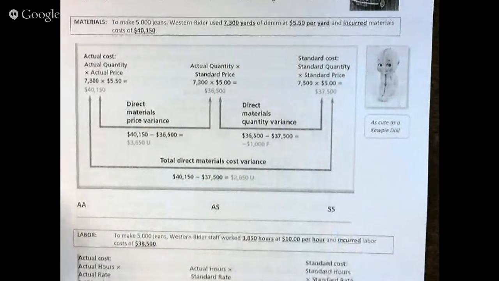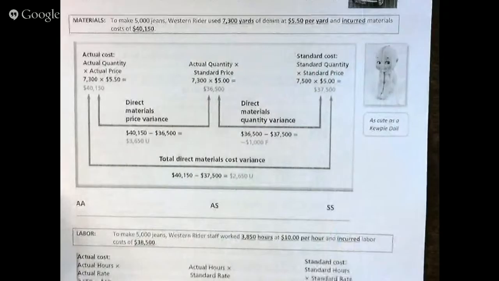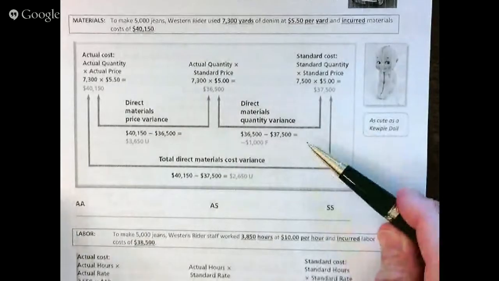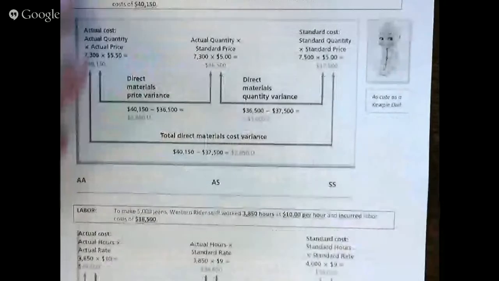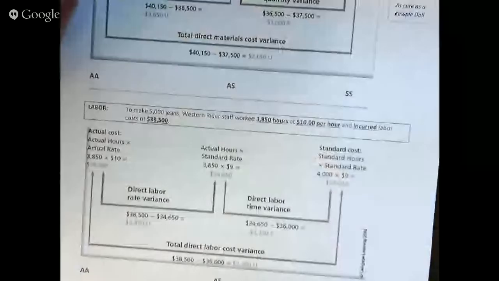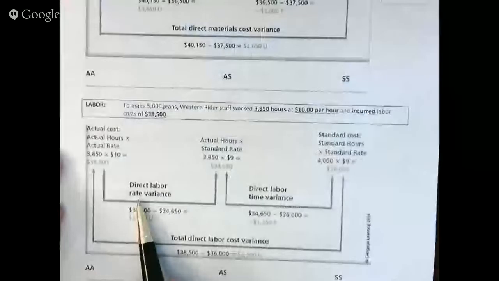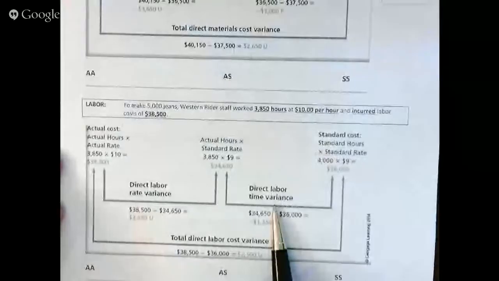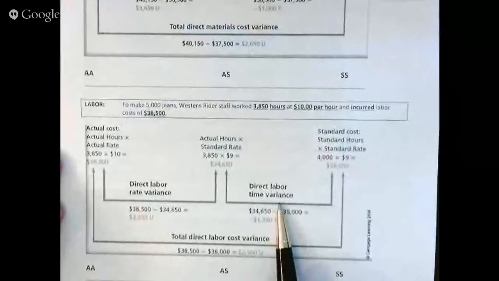Okay, so that takes care of the material price and material quantity. Let's turn our attention to labor, what your book calls rate. It's a price. It's a price you pay people per hour. And time, well, that's hours worked. Calculations are the same.